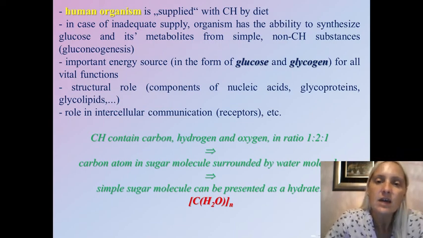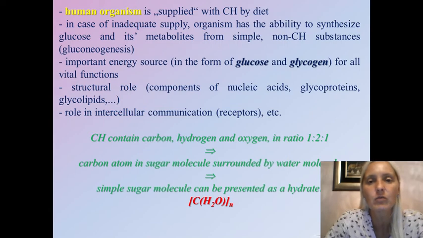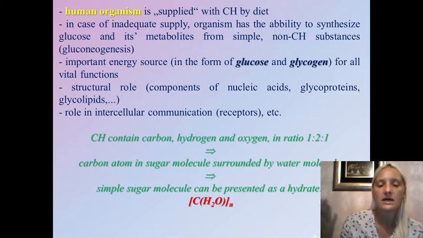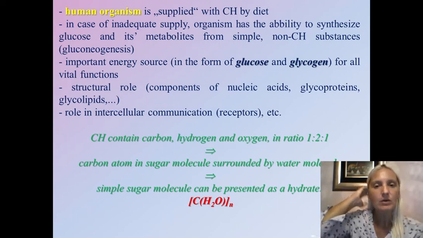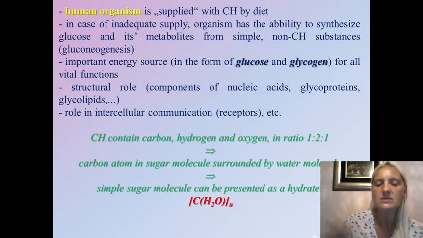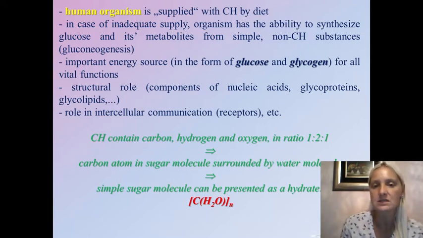They are described as molecules in which the carbon atom in the sugar molecule is surrounded by a molecule of water, and the simple sugar molecule can be represented by the formula CH2O, n times. For example, the molecule of glucose, which has 6 carbon atoms, is C6H12O6, which is the same for fructose as well, and some other isomers.